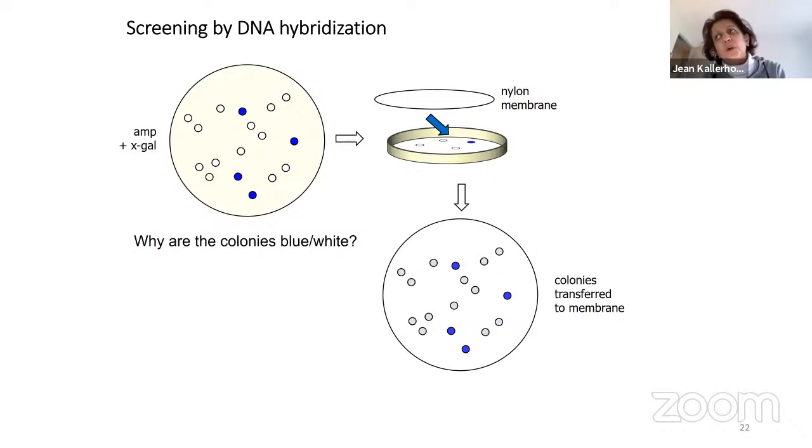I am a very old researcher, so in my time there was no non-radioactive labeling. So I had to work with radioactive elements, with P32 and hydrogen and carbon-14 and so on. Of course, this was very dangerous, so we had to take lots of precautions.